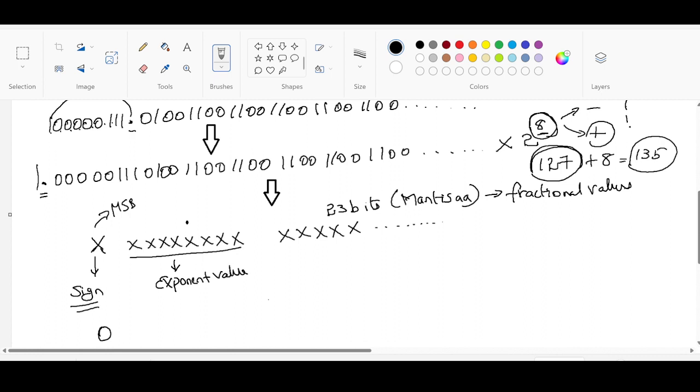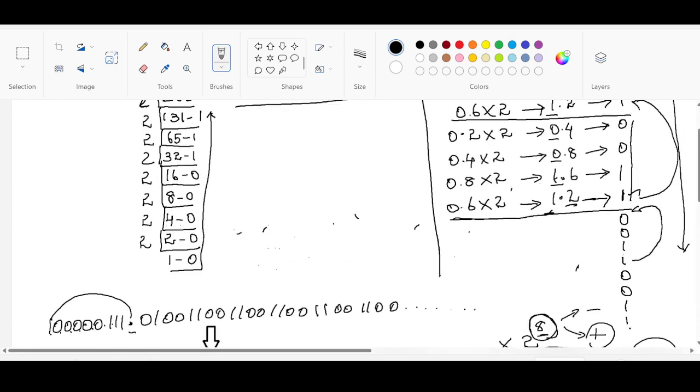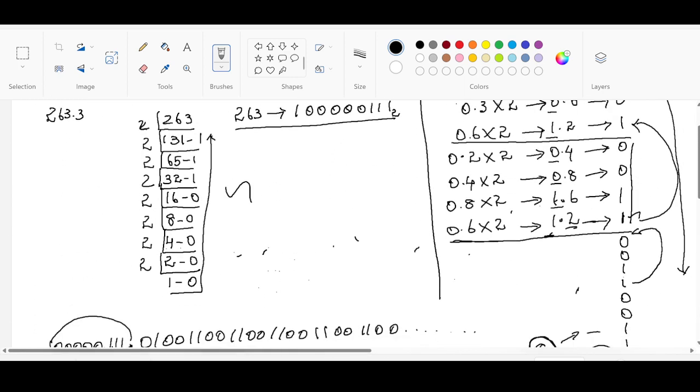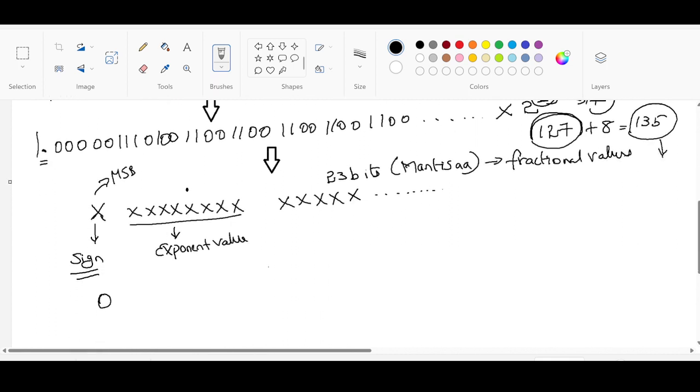Find the equivalent binary representation for 135 by following this approach, and you get 1 0 0 0 0 1 1 1. So this exponent value is going to be 1 0 0 0 0 1 1 1.